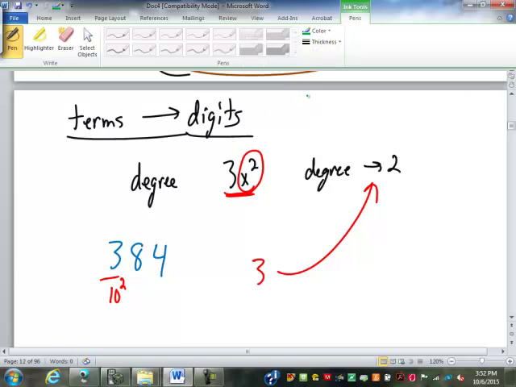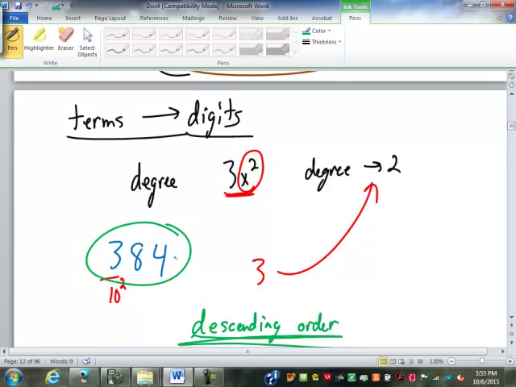Just like with whole numbers, algebraic numbers are almost always written in what we call descending order. Whole numbers and integers are always written in descending order because the place values tell us what that digit means. 384 has a very different meaning from 438 because the location of the digit defines its value.